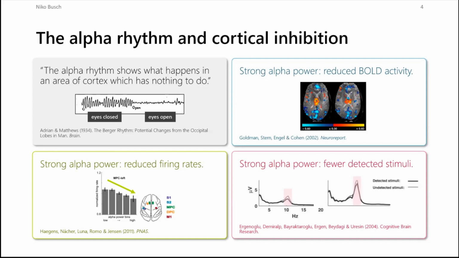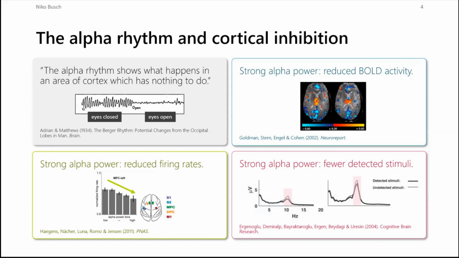What this study showed was that when the faint stimulus that was difficult to see was presented during moments when the alpha rhythm was strong, so there was physiological suppression, so to speak, then people reported fewer of these stimuli. They were more inclined to respond, no, I haven't seen this one.